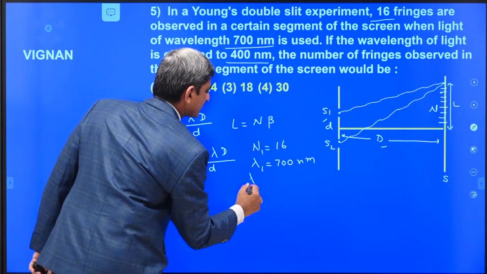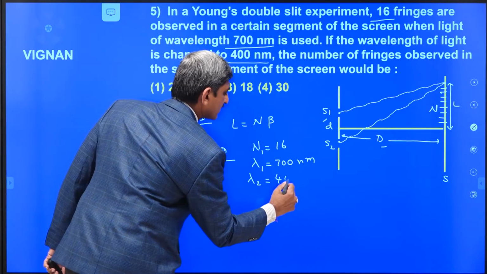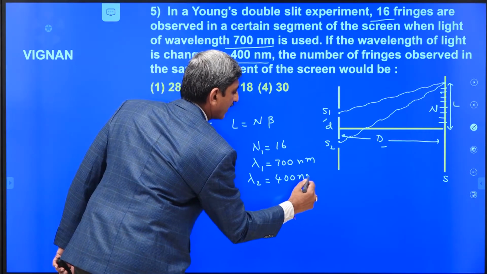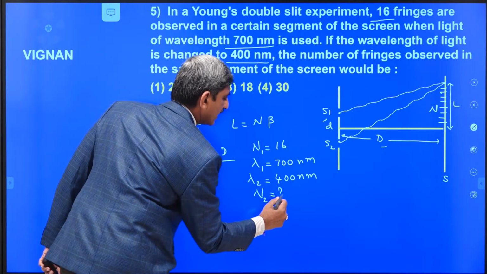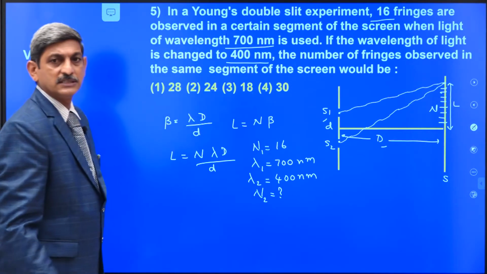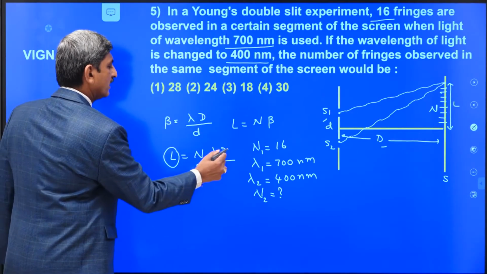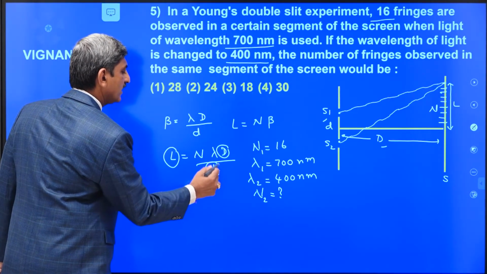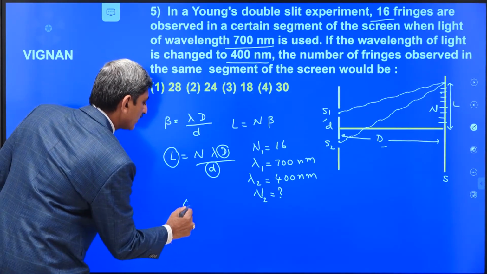In the second case, lambda 2 is equal to 400 nanometers, and we want to determine the number of fringes or bands in the segment of the same length. That's why L is same, D is same, d is also same, so we can write n lambda is equal to constant.